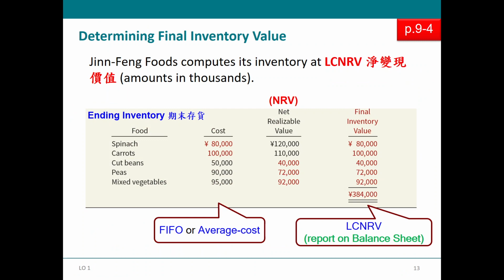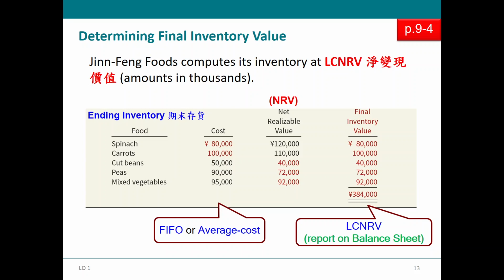Look at slide 13. For example, remember chapter 9, we focus on ending inventory. So any numbers in chapter 9 are ending inventory. So for ending inventory, what should we do? Based on the cost, how to get the cost? Chapter 8, using FIFO or average, we find out the cost of ending inventory.